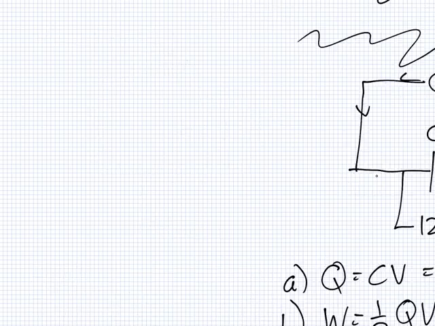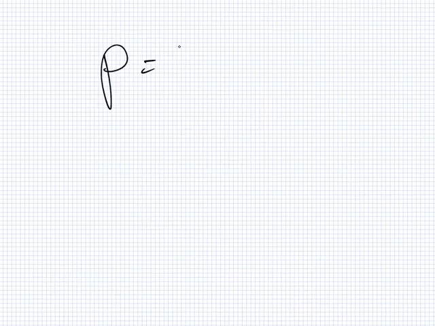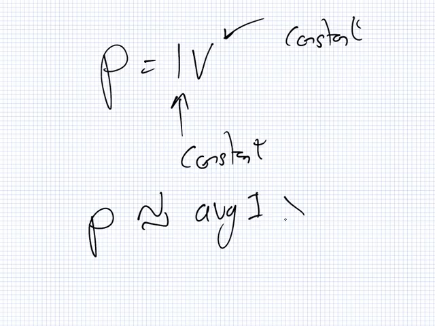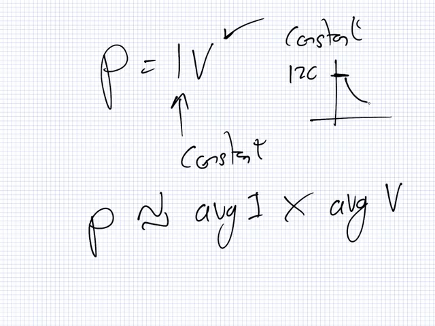So if I was using this formula, P equals IV, this is if the I is constant and the V is constant. But are they constant? No. They're decreasing. So what you could do is say P is roughly the average I multiplied by the average V. The V starts at 120 and then decreases to about 0.